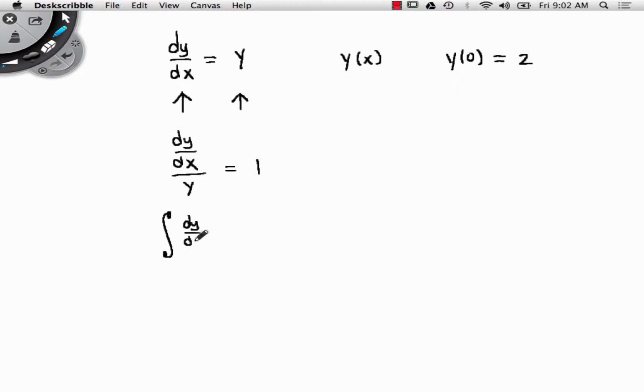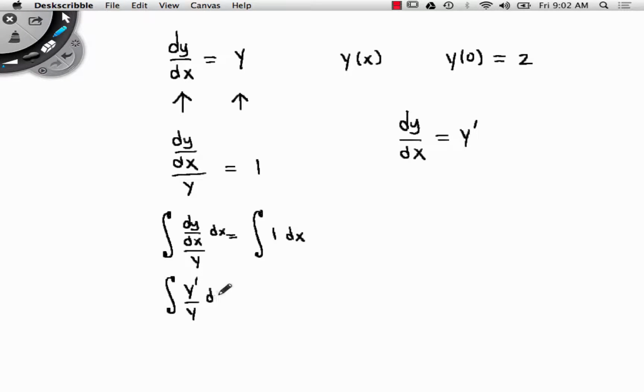So the integral of dy dx over y equals, I forgot dx here, the integral of 1 dx. So I anti-differentiate both sides. Now, does anybody know, by the way, I could use a different notation here, McKenna. Yeah, bingo. So let me just use y prime instead. This becomes the integral of y prime over y dx equals the integral of 1 dx.